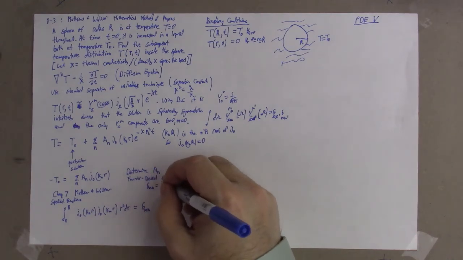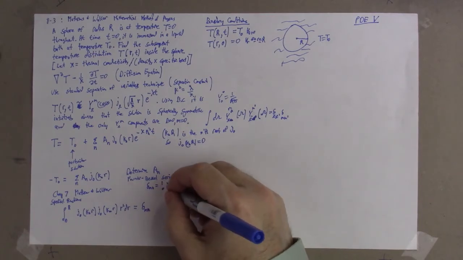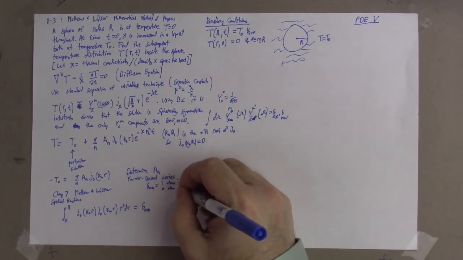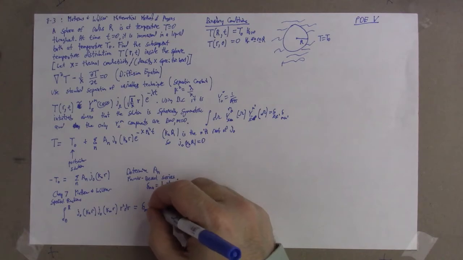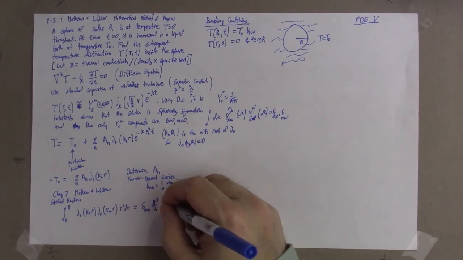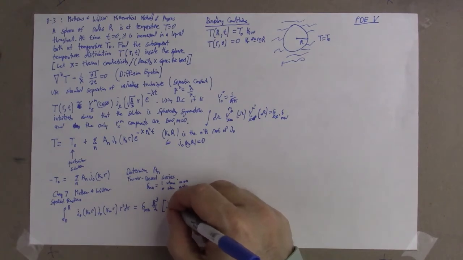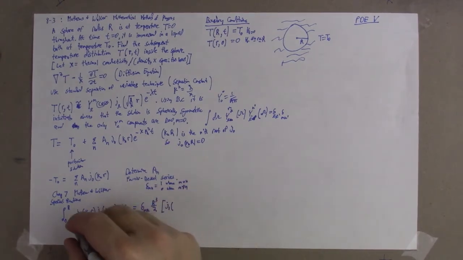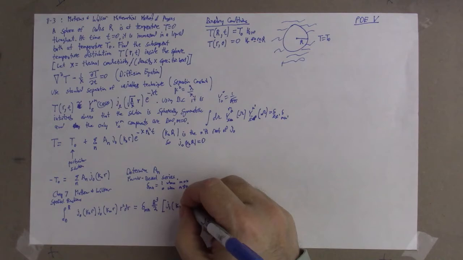That's equal to 1 when m equals n, 0 when m is unequal to n. So we have delta mn R cubed over 2. Now we have a spherical Bessel function of the first order. Notice the difference between the 1 and the zeros. J1 knr squared.